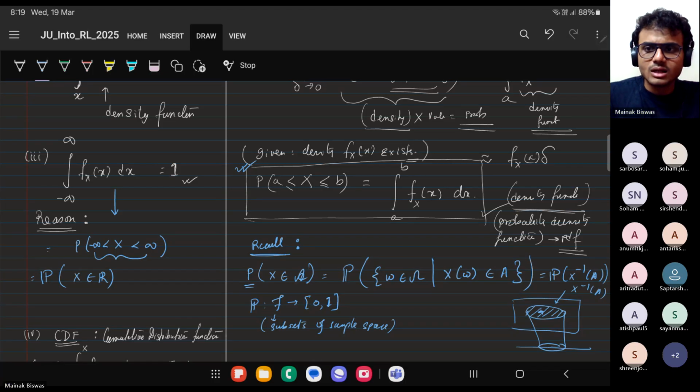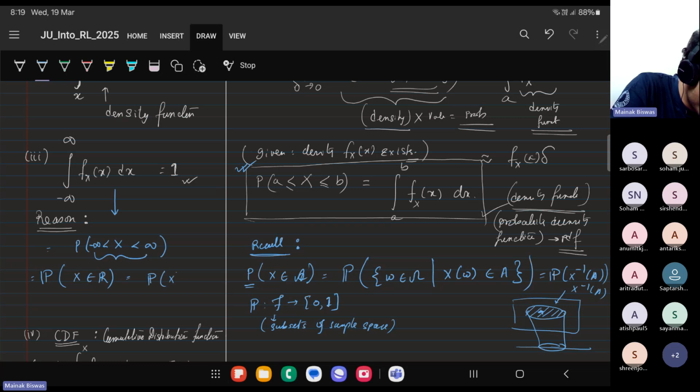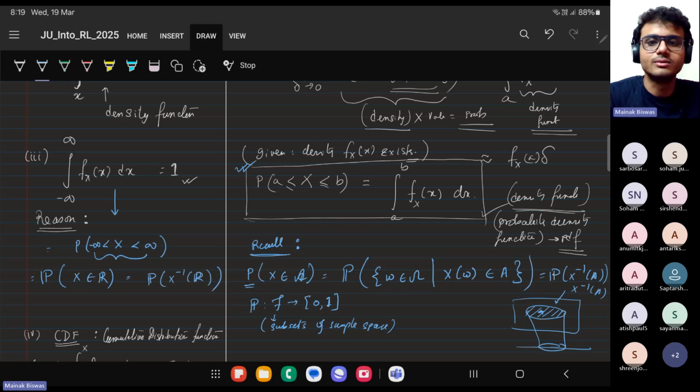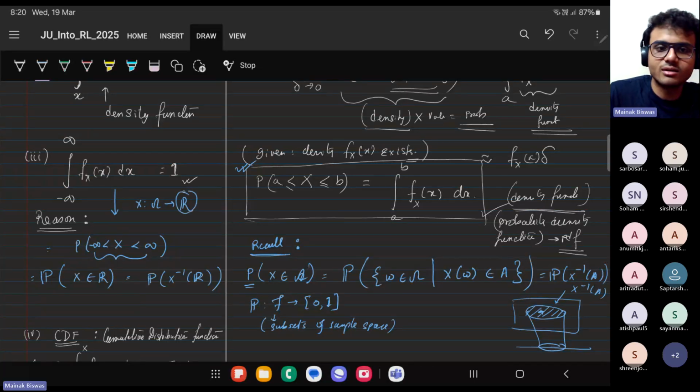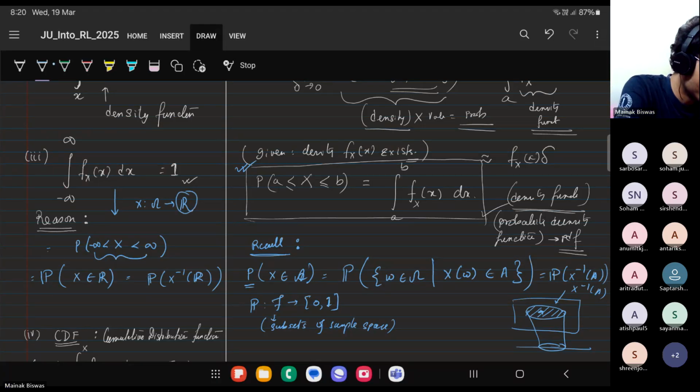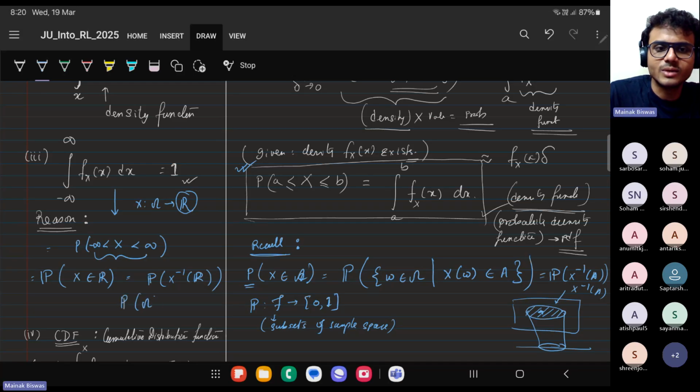So this is P of x inverse R. Now if I ask you what is P of x inverse R, what will you tell me? The entire number line, if I take a projection back, what is the definition of a random variable? Omega to R, right? If I take a pre-image of R, the entire real number line, what will I get? I'll get omega, the entire sample space.